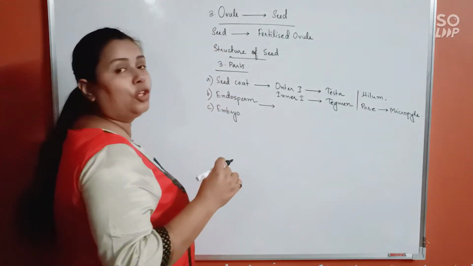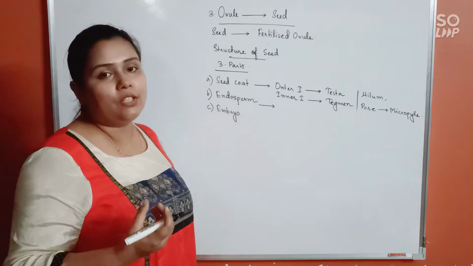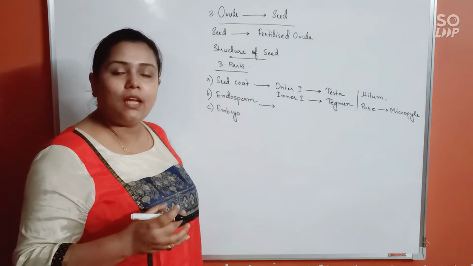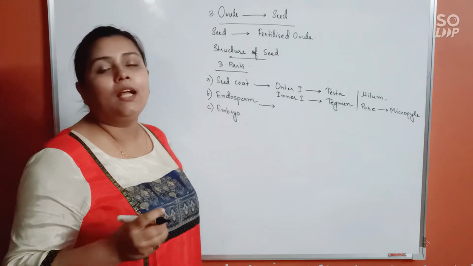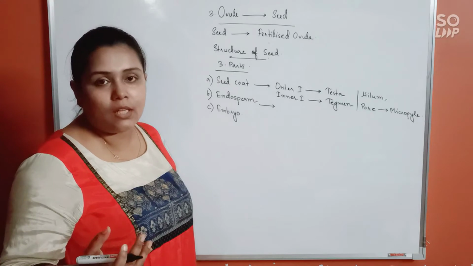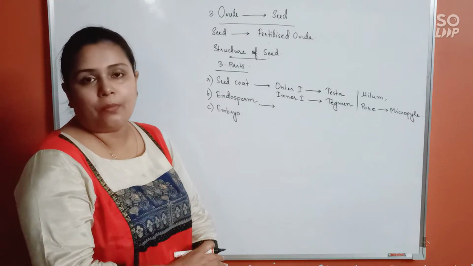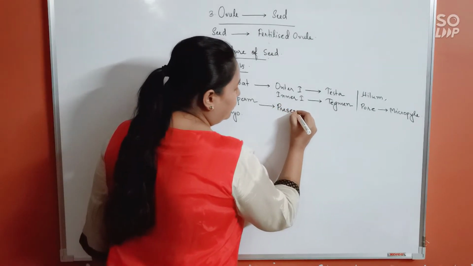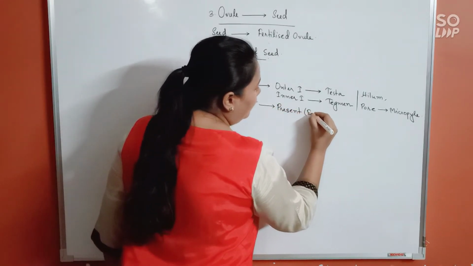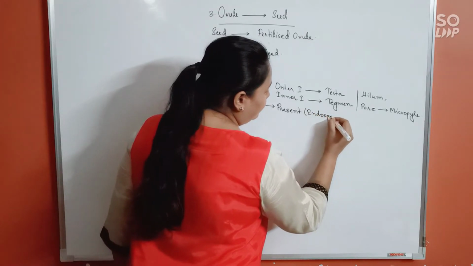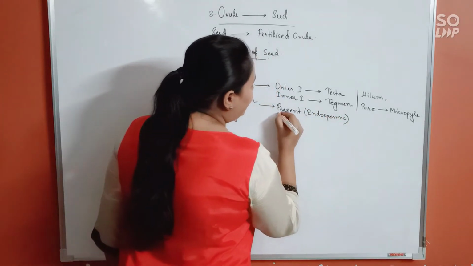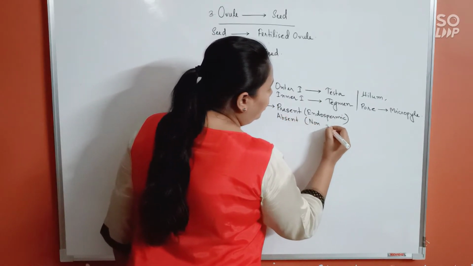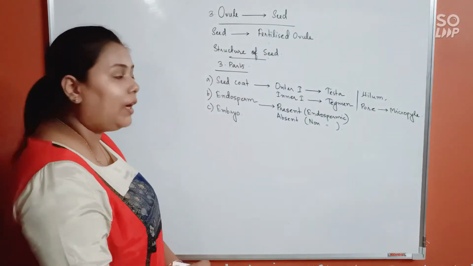Regarding endosperm, we have already discussed. The endosperm is the food-laden tissue that is going to provide nourishment to the developing embryo. In a seed, if it is an endospermic seed, the endosperm will remain present, and in case it is a non-endospermic seed, it will remain absent. Alright.